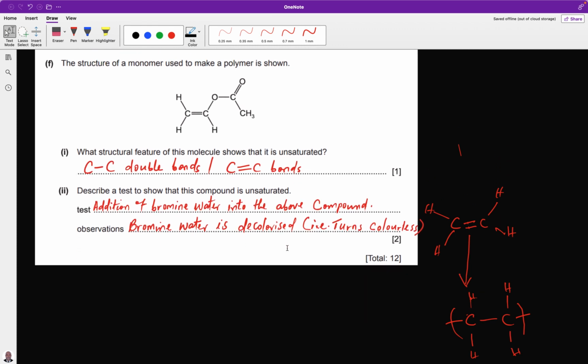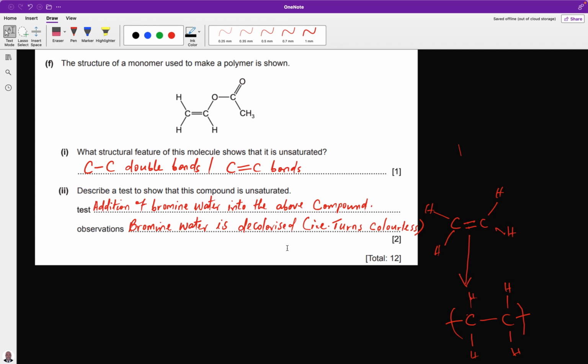Describe a test to show that this compound is unsaturated. The only way to identify the presence of unsaturation is using bromine water. The presence of a double bond is shown by the use of bromine water. So we can say addition of bromine water into the above compound. On addition, what will be the observation?